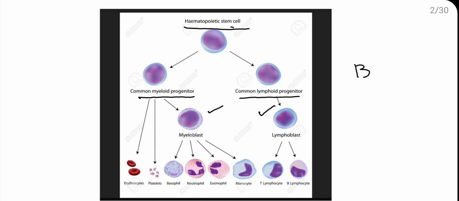Basically, blast cells are immature forms. From myeloblast, we have promyelocytes, myelocytes, metamyelocytes, band forms and neutrophils, and various other granulocytic series of cells. Similarly, lymphoblast, prolymphocyte and various mature lymphocytes like B lymphocytes and T lymphocytes.